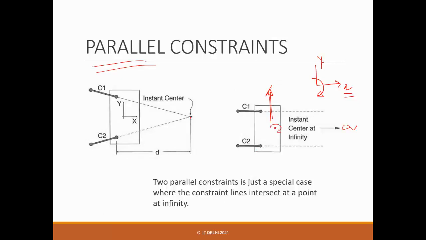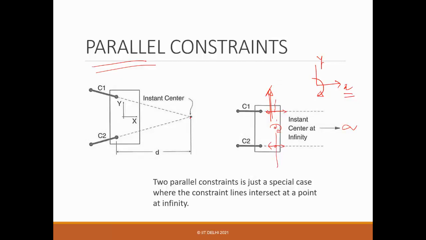For this kind of motion, I plot a perpendicular line. This point has to move along this line. But they are constrained, right, by C1 and C2. It means this rotation cannot happen.